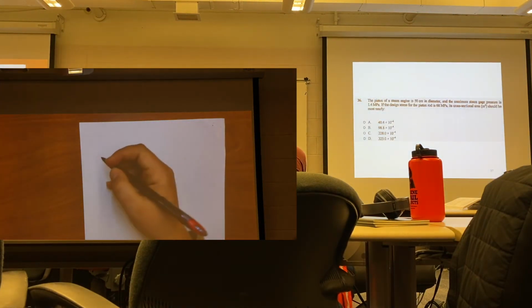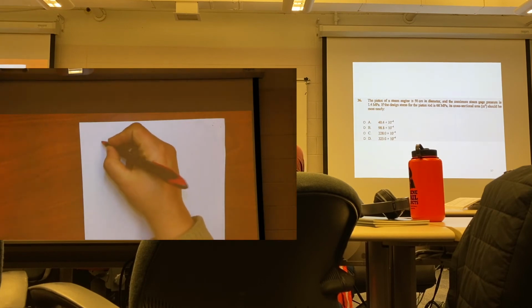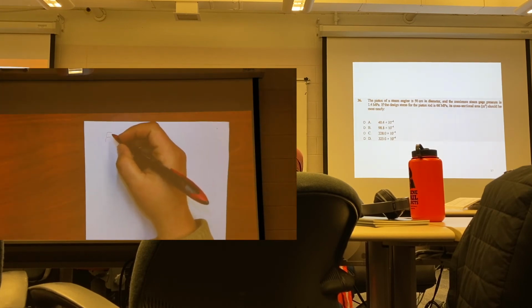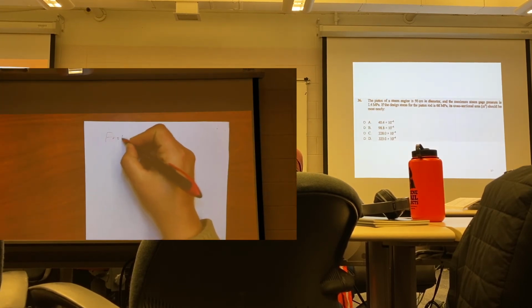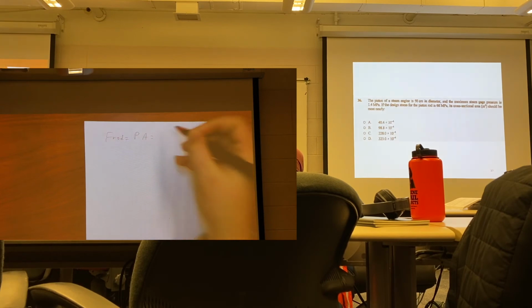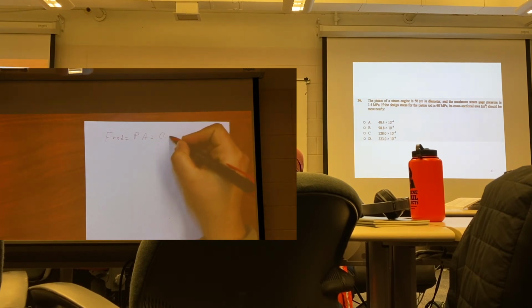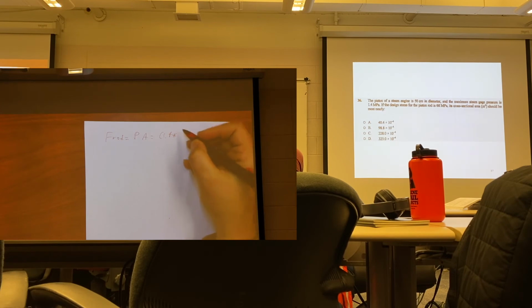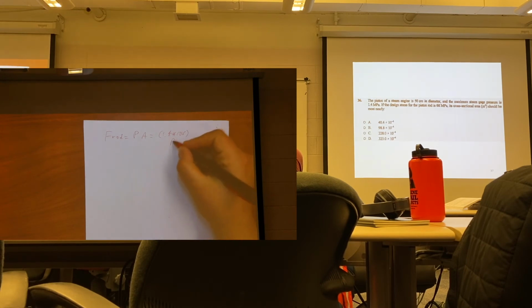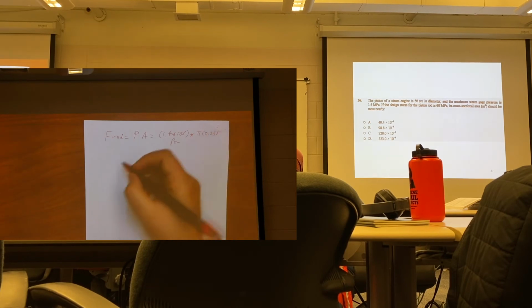So, the F rod equals PA, or equals 1.4 times 10 to the power 6, because they want this in meters, so we're going to work everything in pascals, multiplied by the area, which is pi times 0.25 squared, pi r squared.